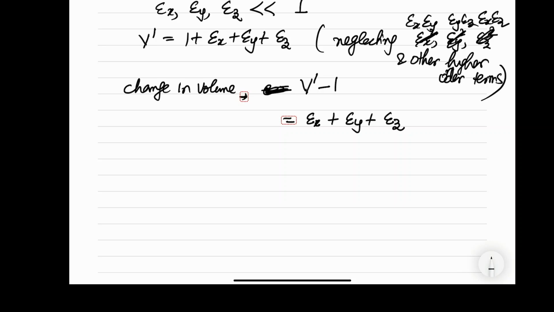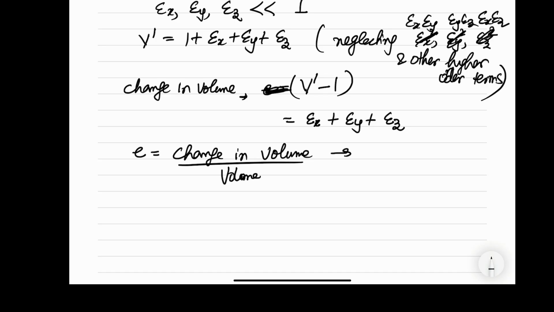Change in volume is V prime minus 1, and we define E as change in volume divided by the volume, and this is what we call dilatation.